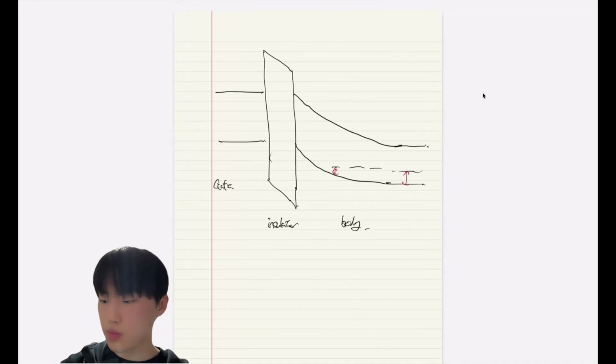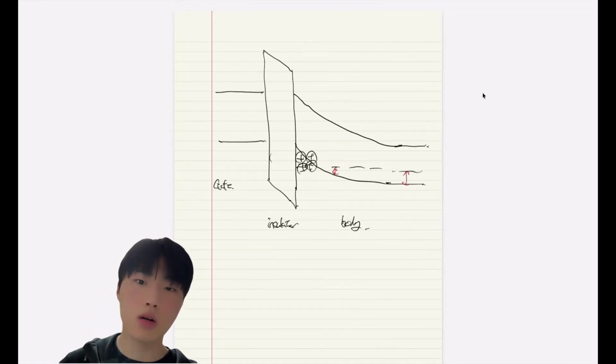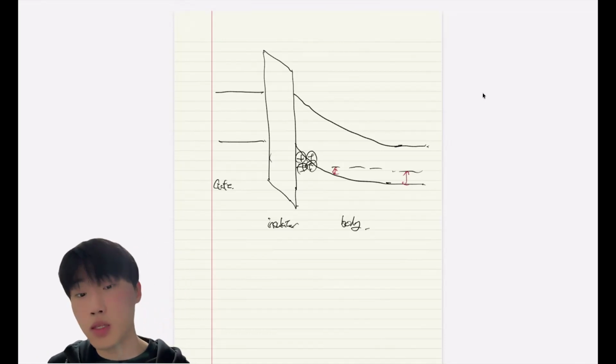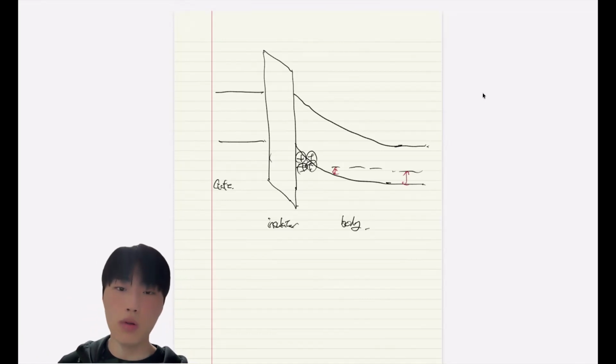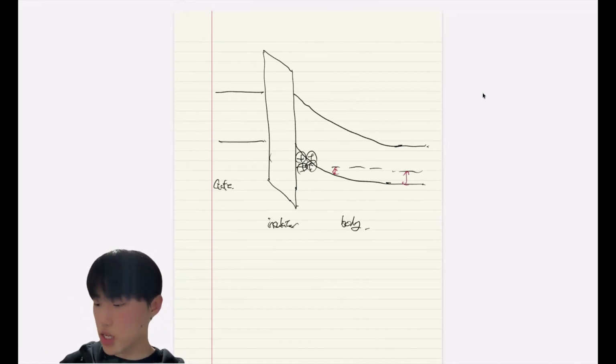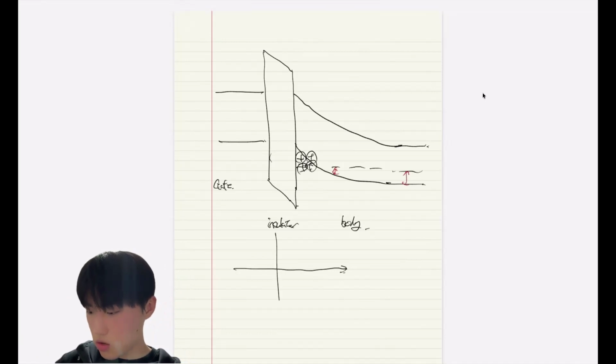So we can say this part is plus plus plus plus, where plus means holes. As we learned with the PN junction, we can draw the charge density.